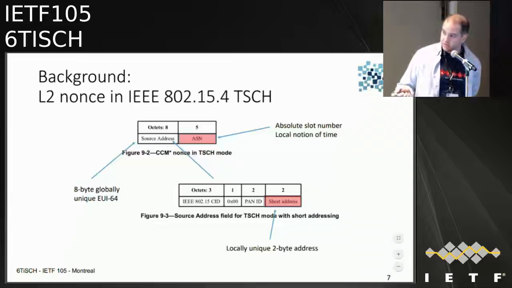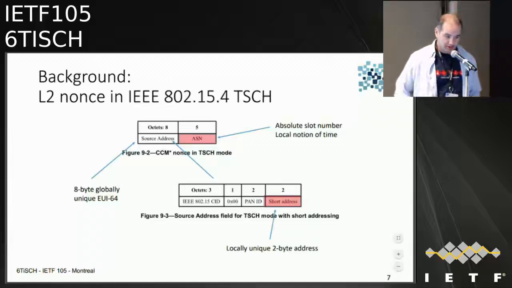Essentially, the first three octets are the company identifier, reserved 00, PAN ID, and the short address, which is of interest for us: a 2-byte locally unique address that is assigned by the JRC to the pledge at the join time.